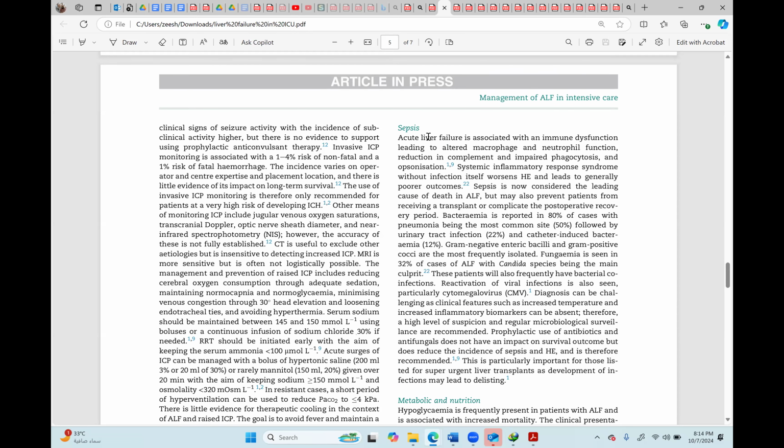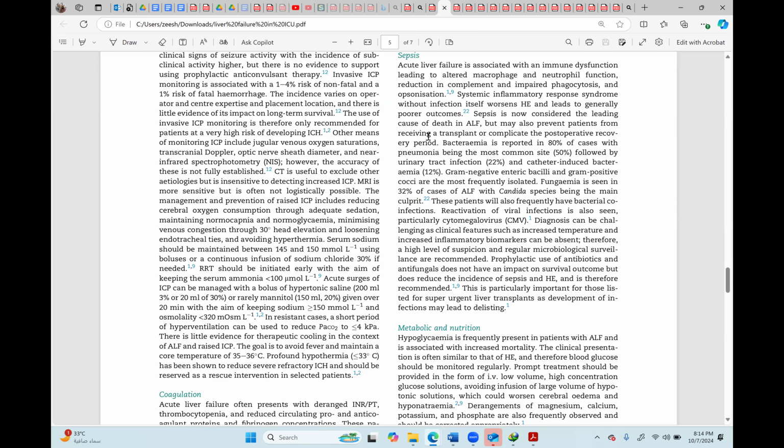So sepsis, all the things related to sepsis, like taking cultures, starting empirical antibiotics, fluid management, and everything. Prophylactic use of antibiotics, because if it is related to ascites, these patients can have bacterial peritonitis.